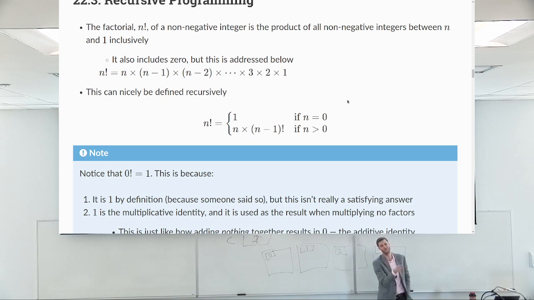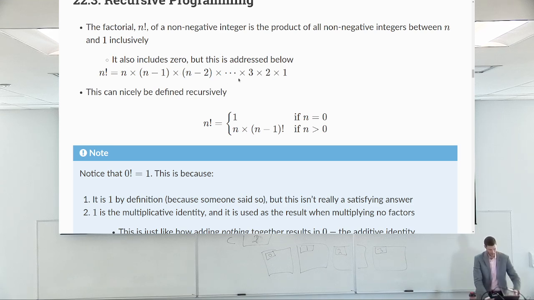So to know what n factorial is, I just have to multiply n by the factorial of n minus 1. If that doesn't make sense, ignore the rest and only look at the 3, 2, 1. In order to know 3 factorial, I have to know what 2 factorial is. It's the same idea.